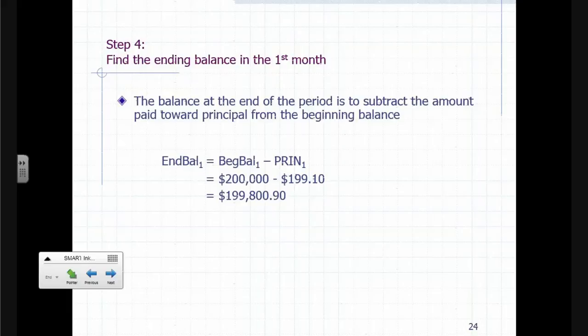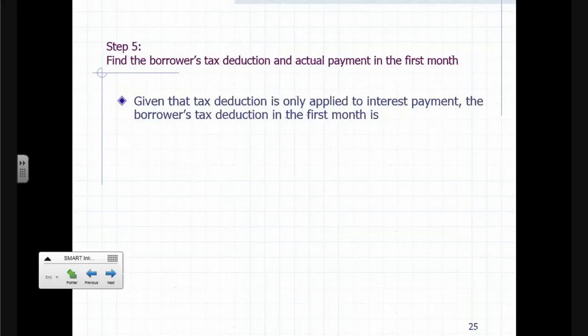Then the ending balance in the first month will be the beginning balance of the first month minus your principal payment in the first month. So this is the ending balance for the first month, or the beginning balance of the second month. Then you do the same thing. Your tax saving on your interest payment: the first month your tax saving is $280.